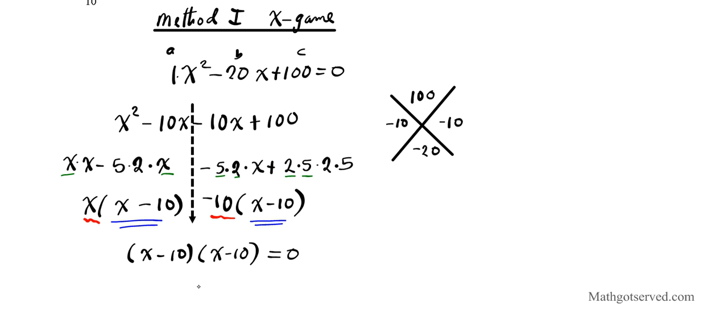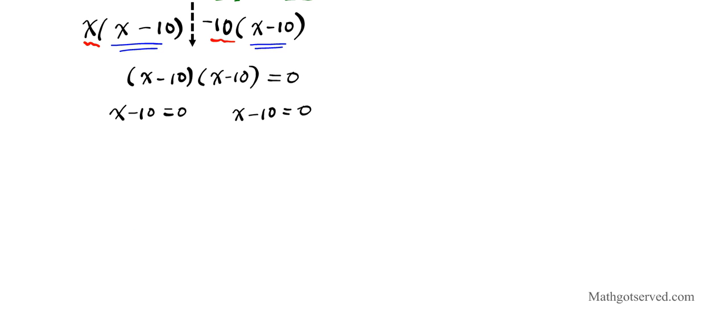Now, to solve this, we set both of them to 0, so x minus 10 equals 0, and x minus 10 equals 0. So they're both the same thing, so if we solve one, that will be sufficient. All right, so just add 10 to both sides, and then we have x equals 10 as our answer.